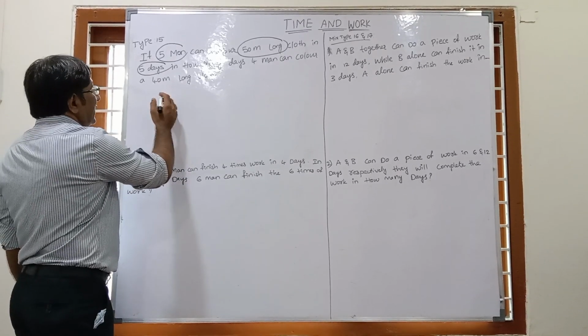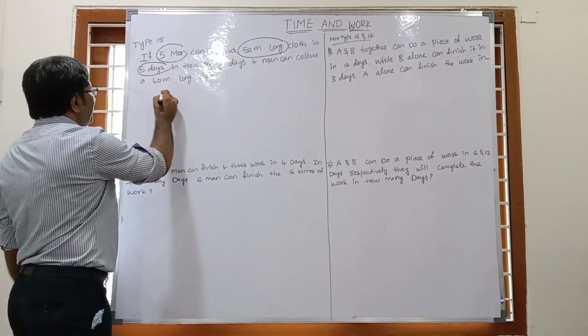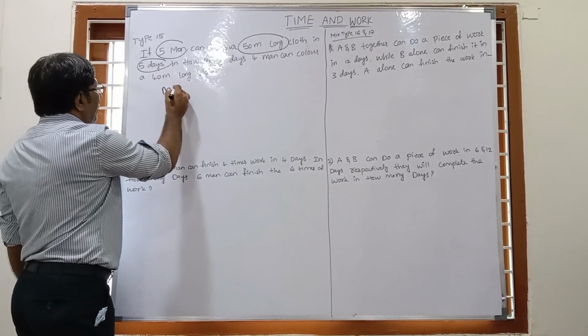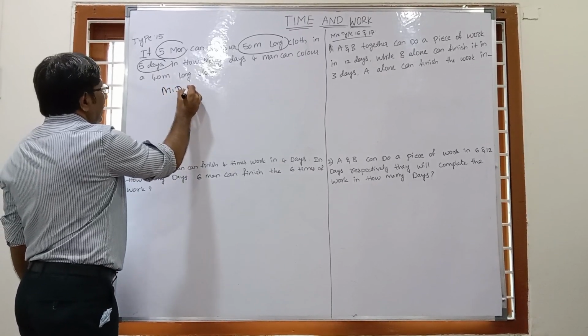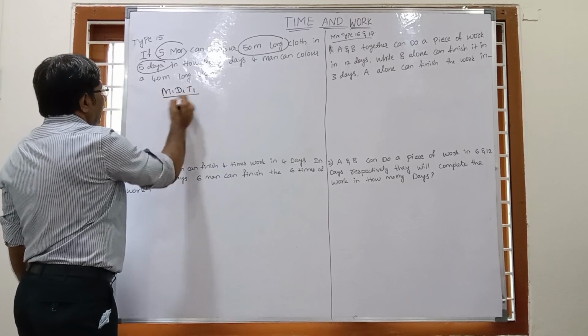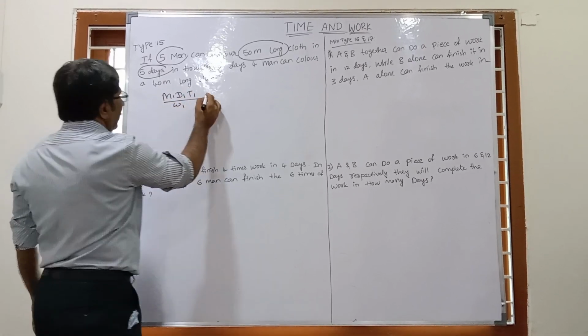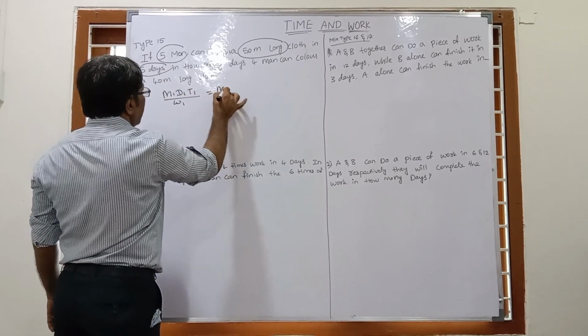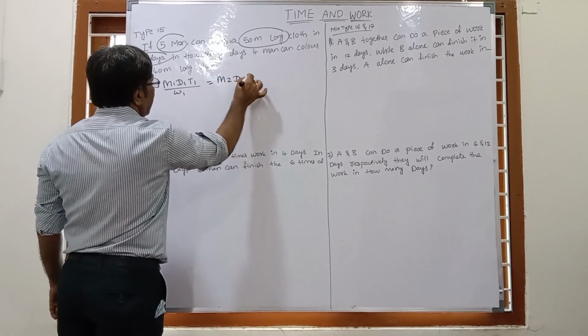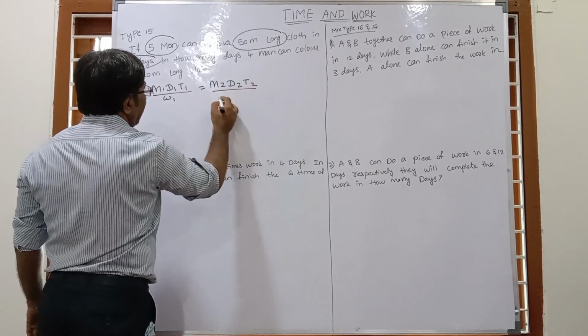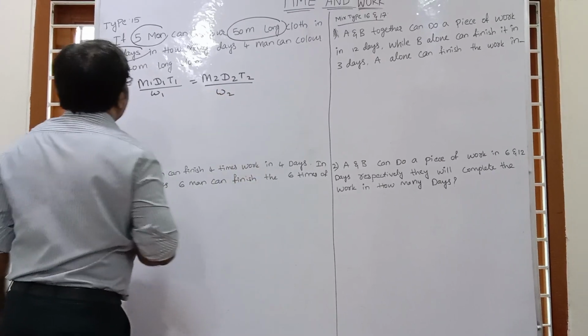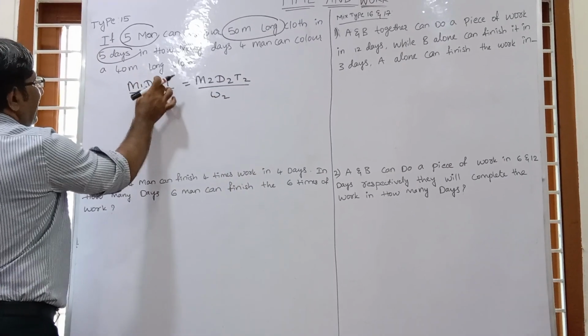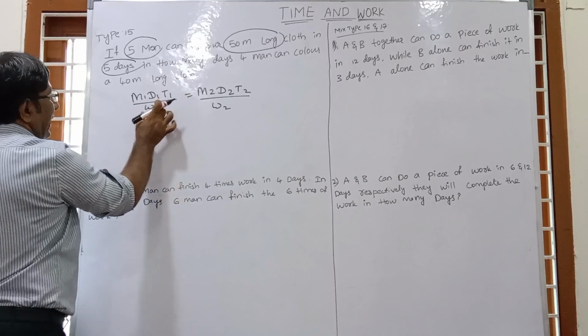The technique, as we have explained earlier also, is M1 D1 T1 divided by W1 equals M2 D2 T2 divided by W2. Here M is man, D is day, T is time, and W is work.